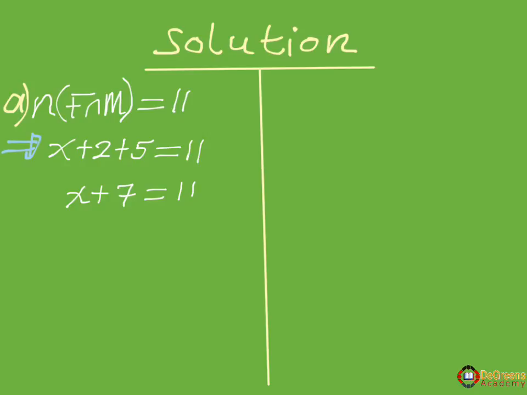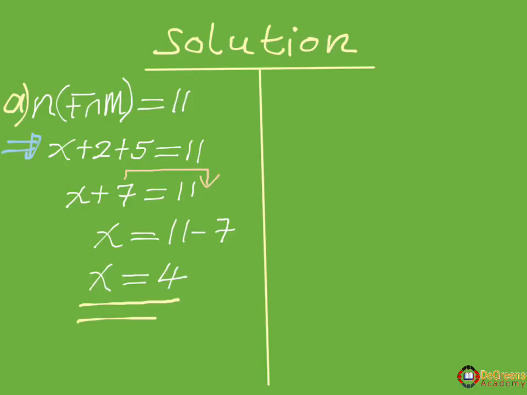And we want to find x, therefore x should be on one side of the equation alone. So we write 7 on the other side. And writing 7 on the other side of the equation, the sign changes from plus to negative. So that will give us x equal 11 minus 7. 11 take away 7 gives 4. Therefore x will be equal to 4. So our x is 4.